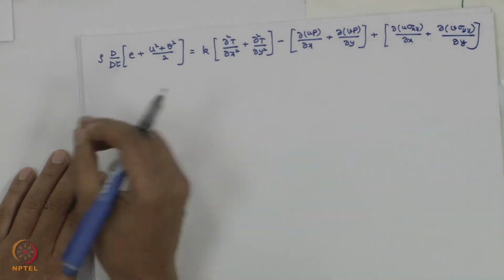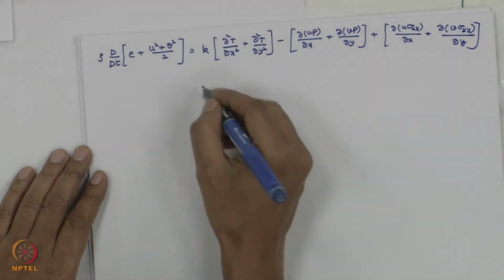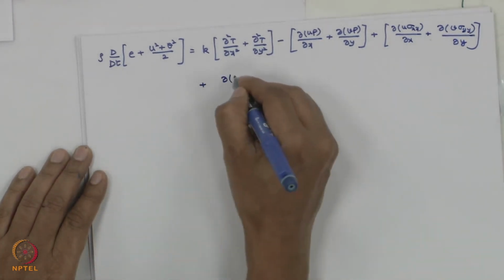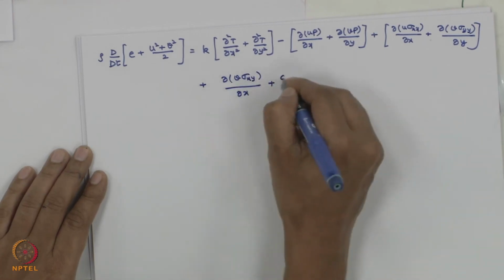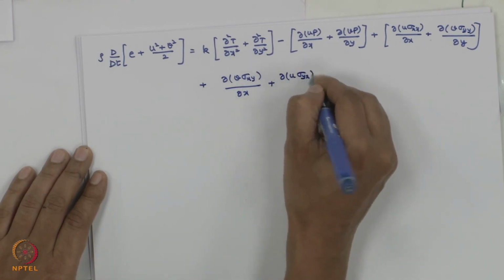I am just writing all the terms we derived so far, plus del of v sigma xy by del x plus del u sigma yx by del y.